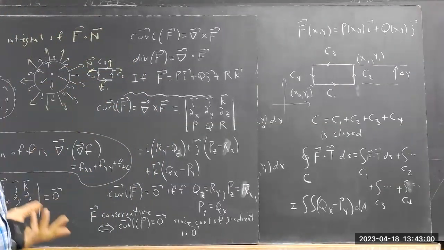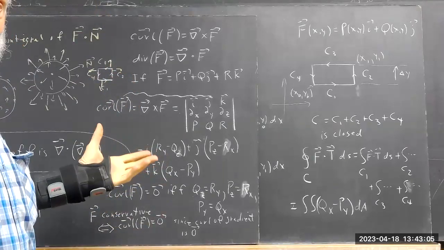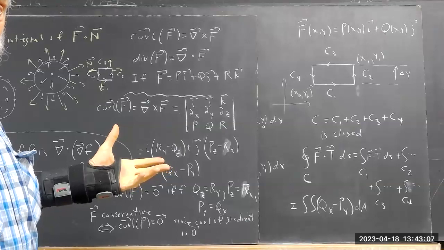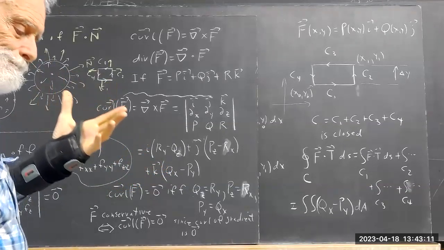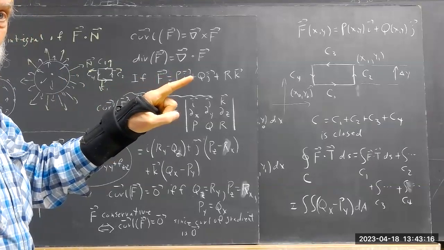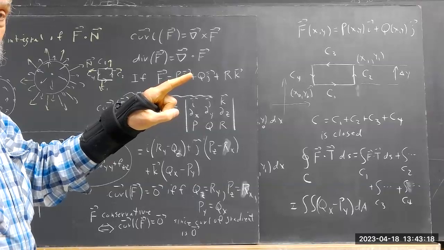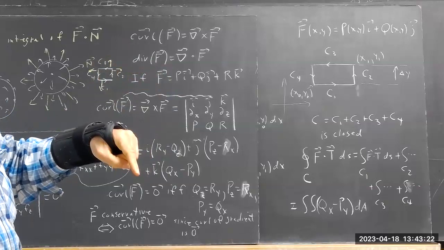The normal vector is always perpendicular to the tangent vector. If your tangent vector is cosine theta i plus sine theta j, the normal vector will be sine theta i minus cosine theta j.